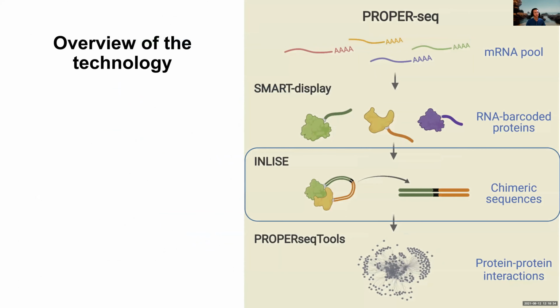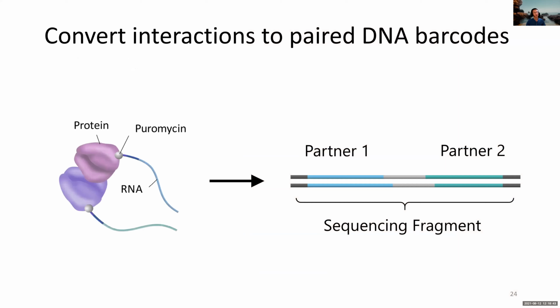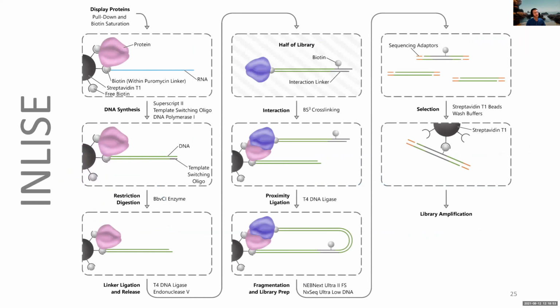So the next step from here is the inlet step. What the inlet step intends to do is to convert every pair of interacting proteins into a pair of ligated DNA sequences suitable for paired-end sequencing. So what she does is that she now has a library of displayed proteins.